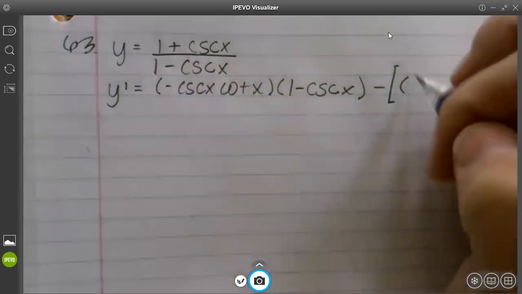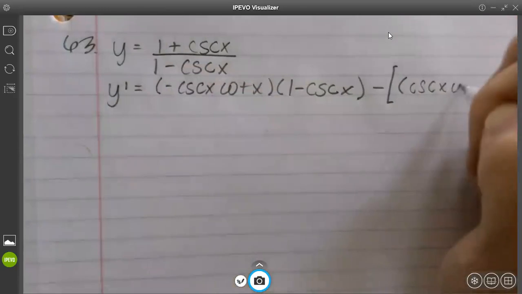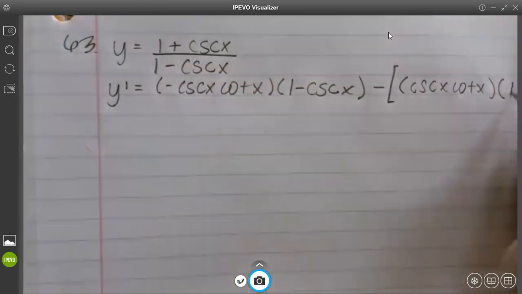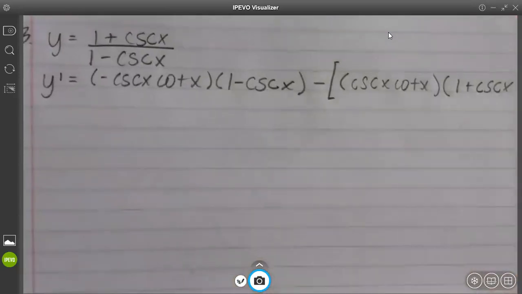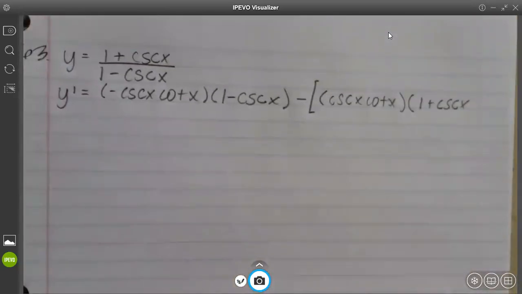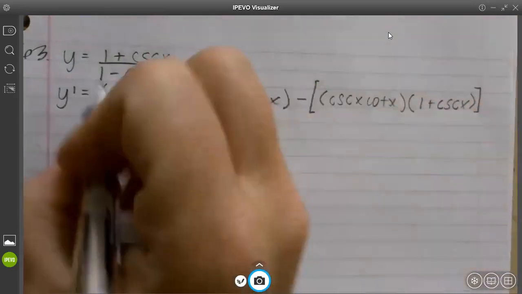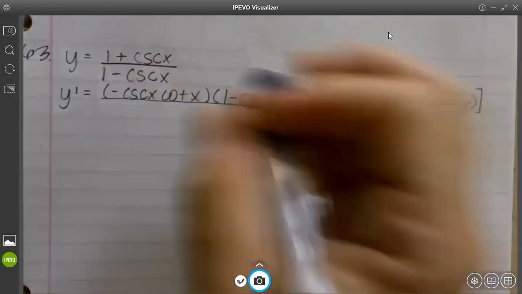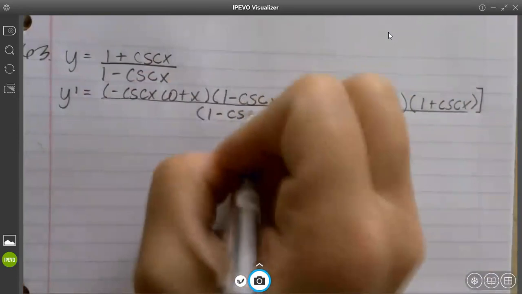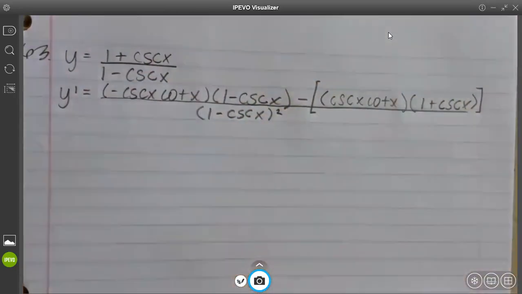Minus minus makes a positive. Times the top, all over the bottom squared.